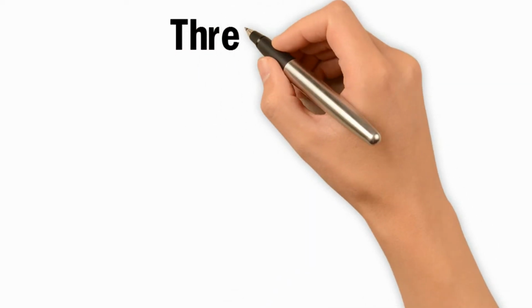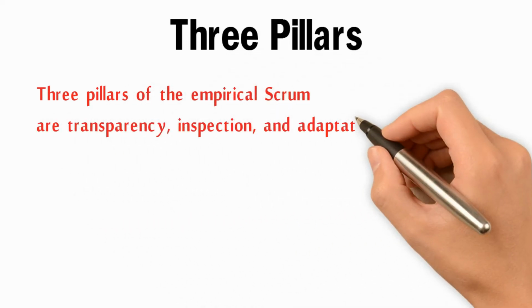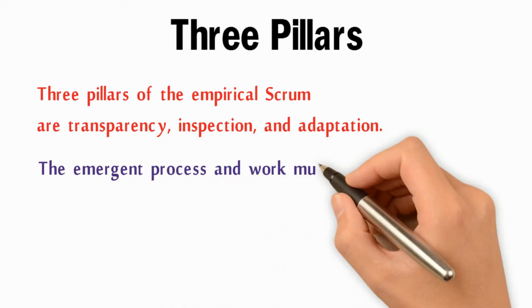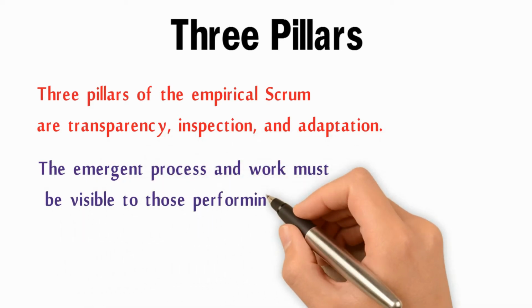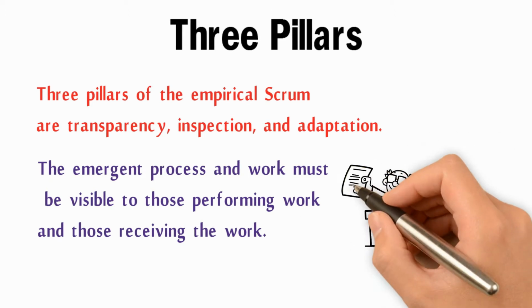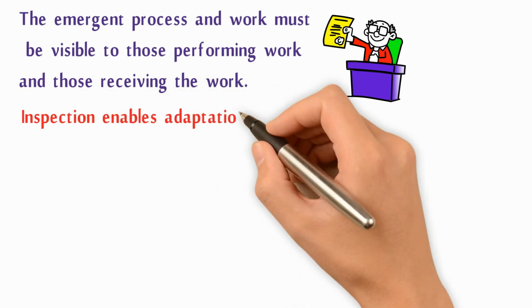3 pillars. The 3 pillars of empirical Scrum are transparency, inspection, and adaptation. The emergent process and work must be visible to those performing the work and those receiving the work. Inspection enables adaptation.